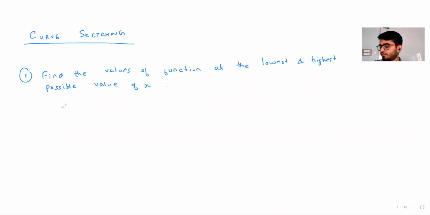So for example, we have y equal to f(x), a particular function of which we need to sketch a graph, for the interval a comma b supposedly. What we need to do first is find f(a) and f(b). This is the first step.